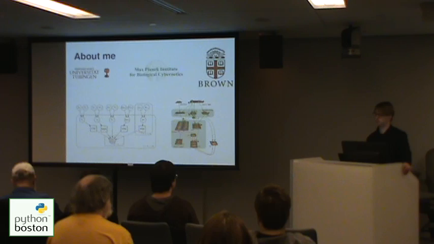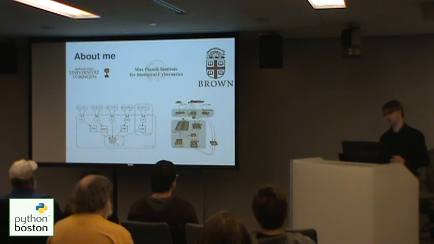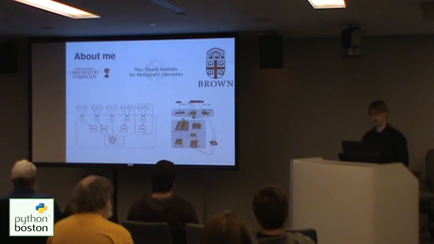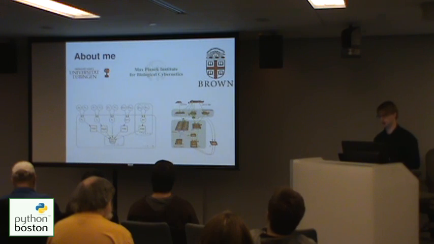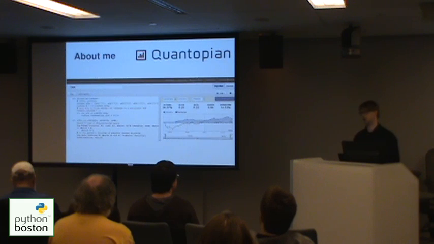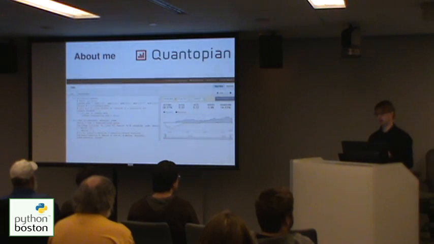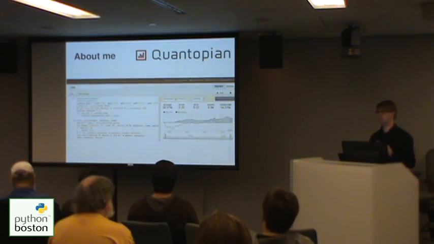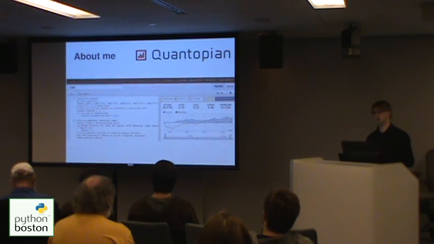And there we're studying the brain and doing computational neuroscience at different levels, and also a lot of Bayesian statistical modeling. Then since last year I started to work part-time at Quantopian, and there we're building a web platform where you can get an IDE to develop trading algorithms, and then we provide data and you can test it on historical data to see how well the algorithm did.